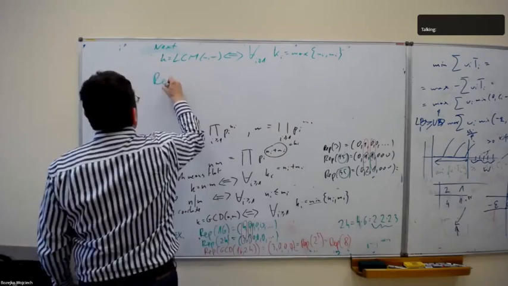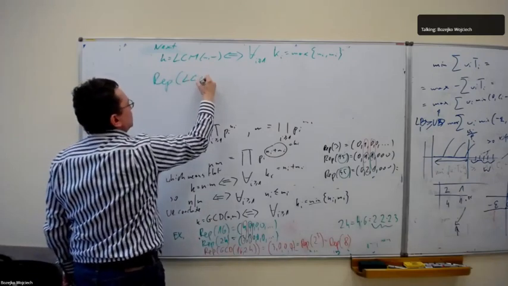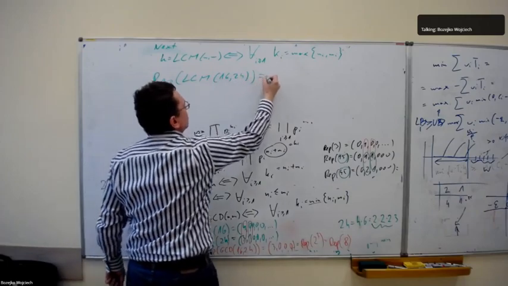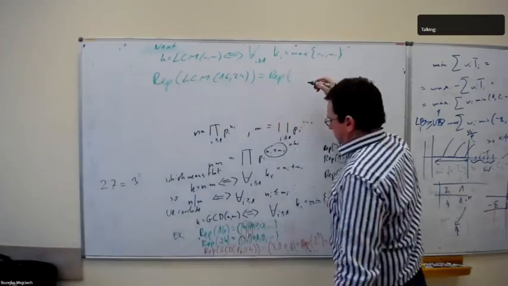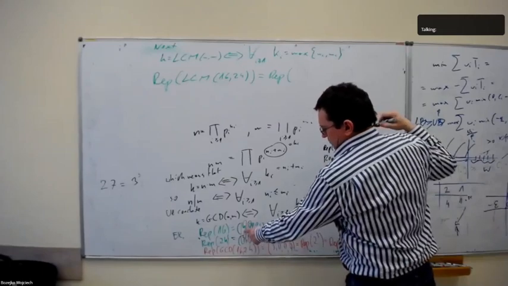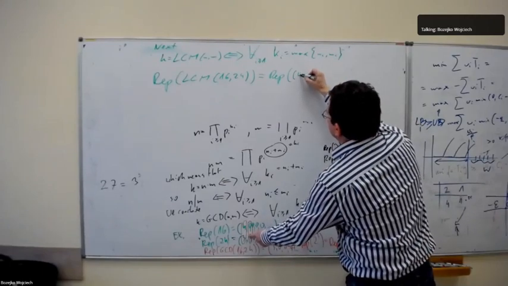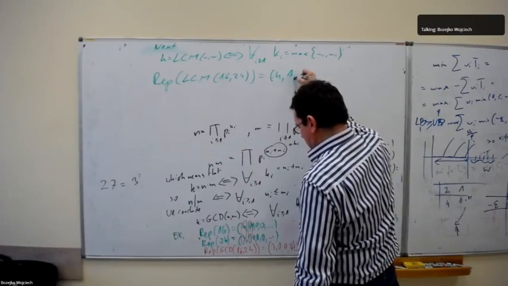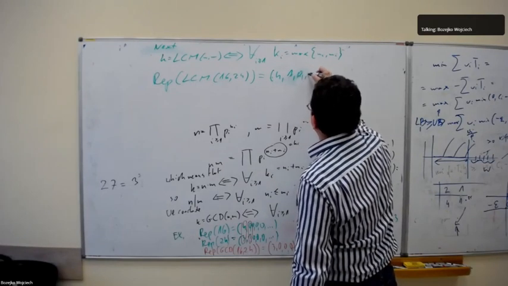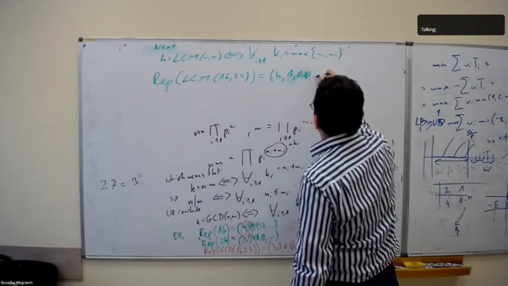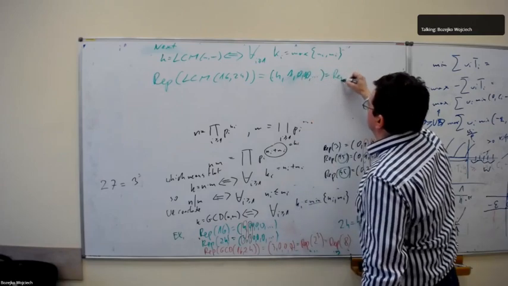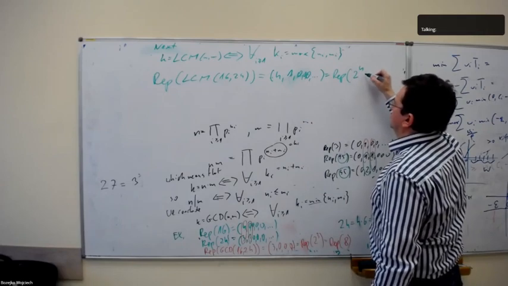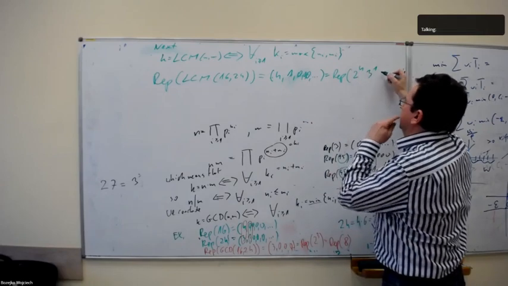And similarly here, the representation of the least common multiple of 16 and 24 will be 4, 1, zeros. So in fact, we have 2 to the power of 4 times 3 to the power of 1.